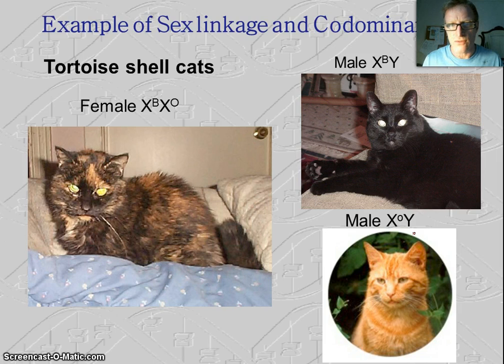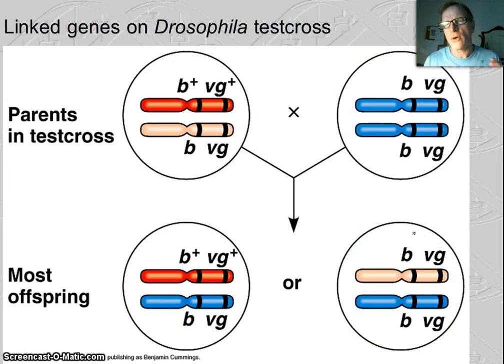Okay, so Morgan also looked at a lot of other traits in fruit flies. For example, he looked at coloration, black color, which is little b, versus brown, wild color, which he just called B+. He put a positive on there for wild type. And then he also found some that had vestigial wings, little shriveled up wings that don't work, versus normal wings, which again, the wild type is plus.